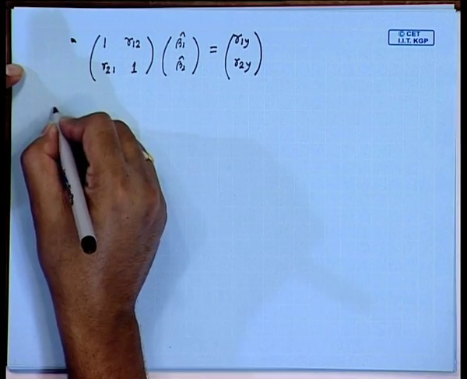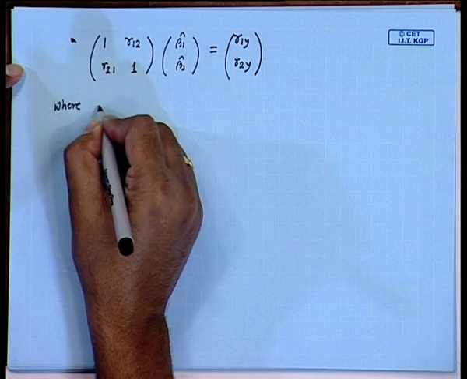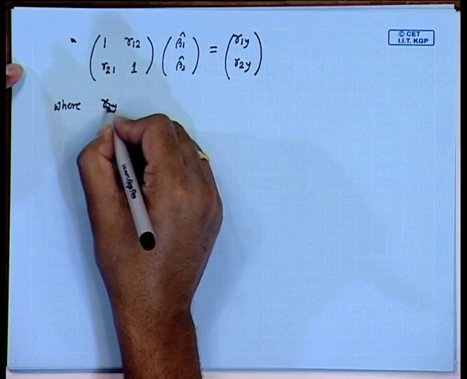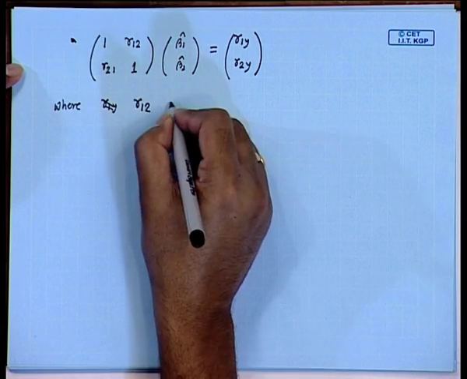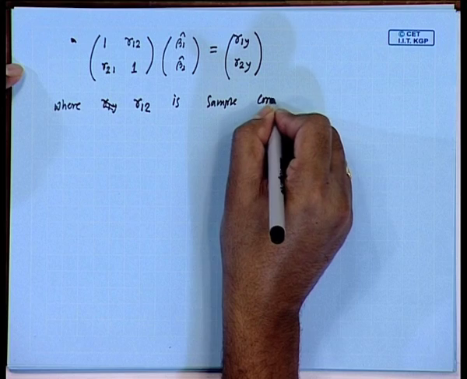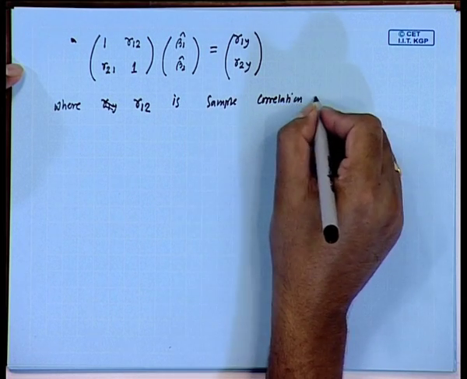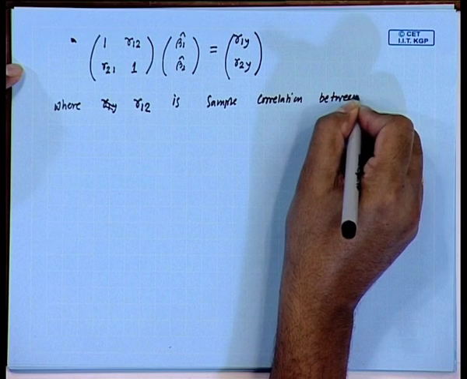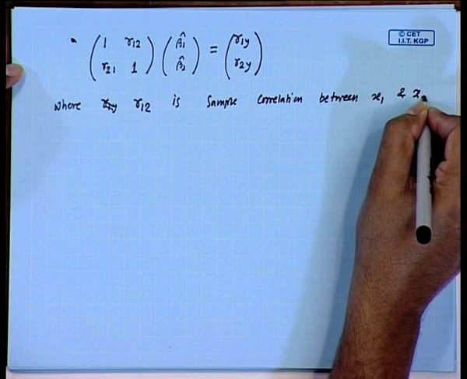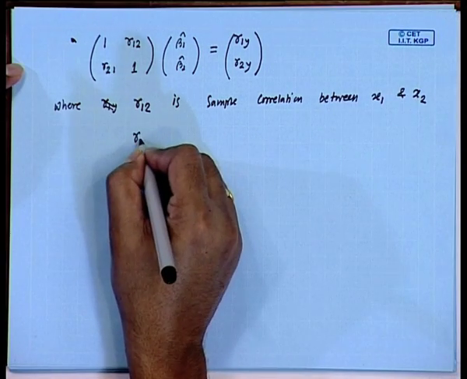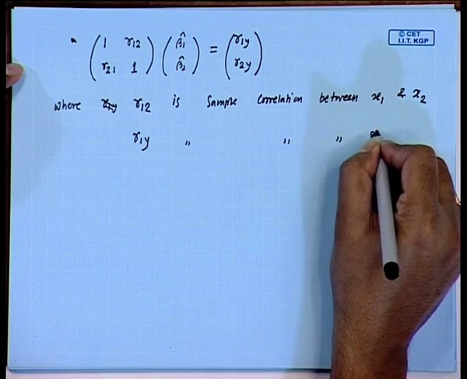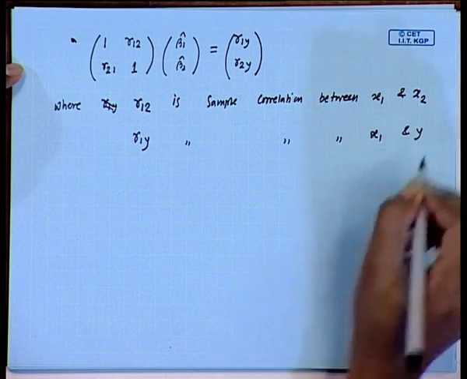Well, I already mentioned that R12 is the sample correlation between x1 and x2, and R1y is the sample correlation between x1 and y.